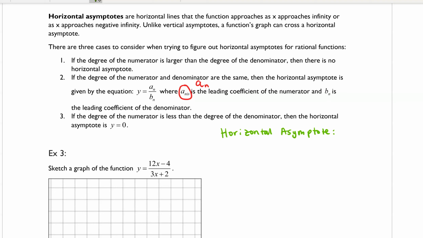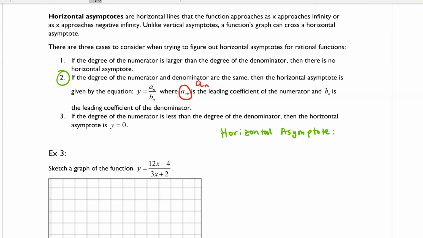Now, this is an example of case number 2, where the degree of the numerator and the denominator are the same, because both in the numerator and the denominator we are dealing with a linear function, and so both the degrees are 1.